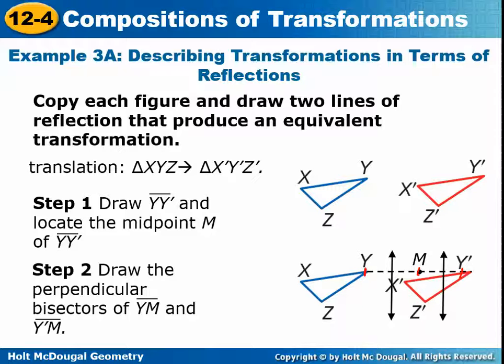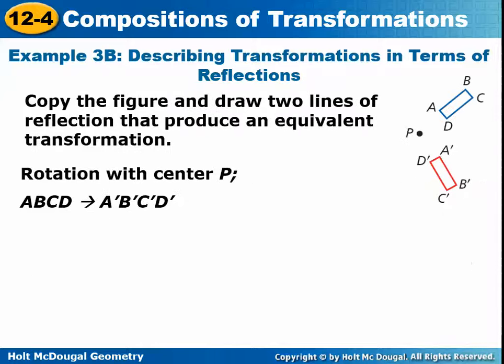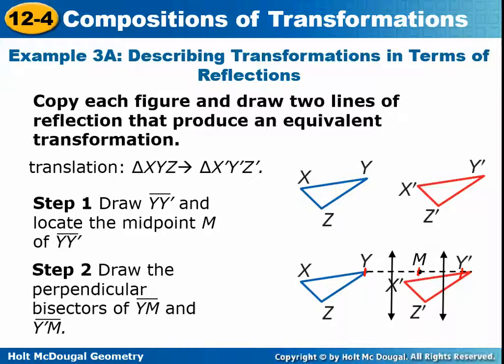You could do this in Sketchpad, because then you can actually just select the segment and go to construct midpoint, and you can also construct a perpendicular line through the midpoint, which is the perpendicular bisector. Doing this by hand, you would need a compass and a straight edge. So those were the 2 lines of reflection. Those 2 lines that end up being drawn, the 2 perpendicular bisectors.